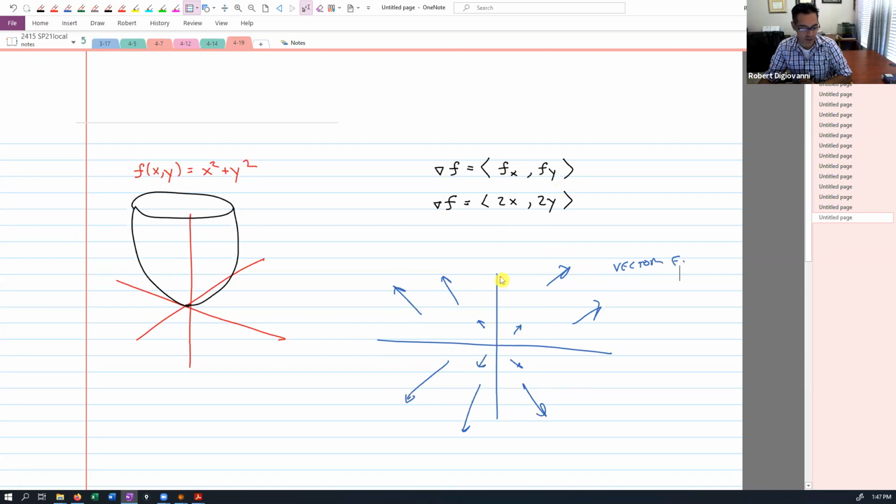This vector field represents, if you were to go to some point in the XY plane, which would correspond to some point on the surface, that vector there would tell you the direction of steepest ascent, right? Go with me?